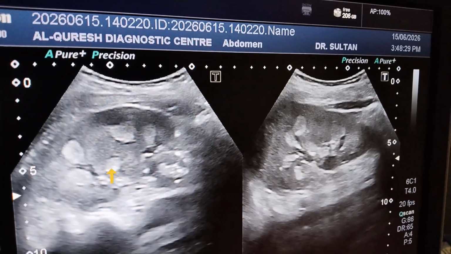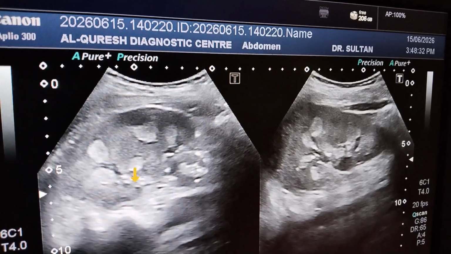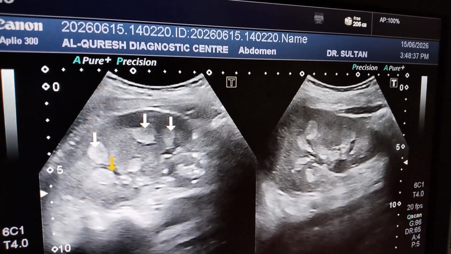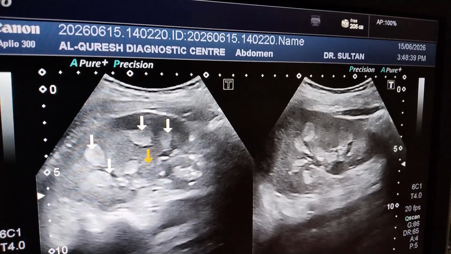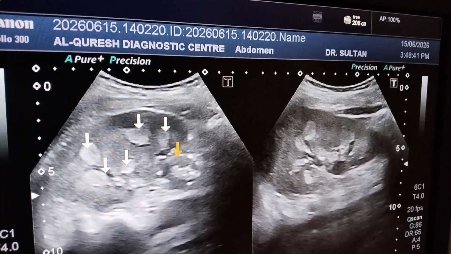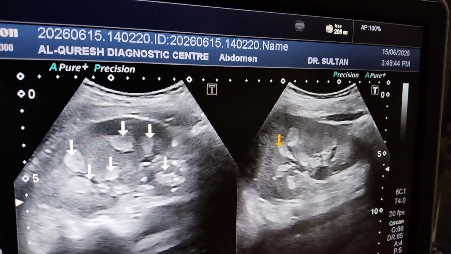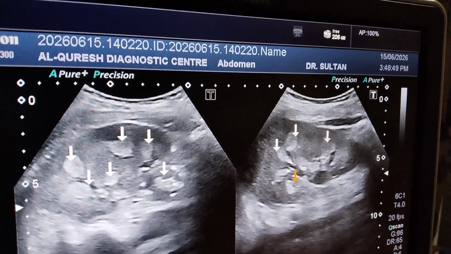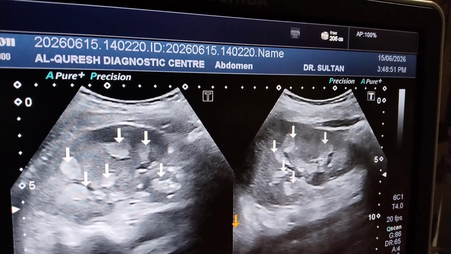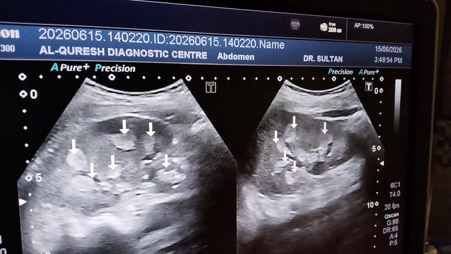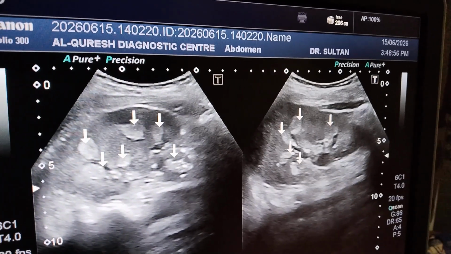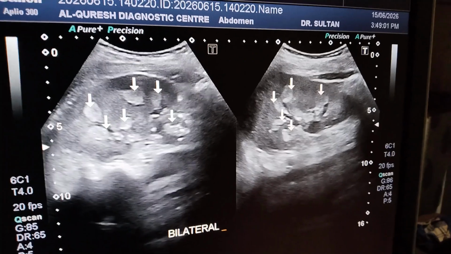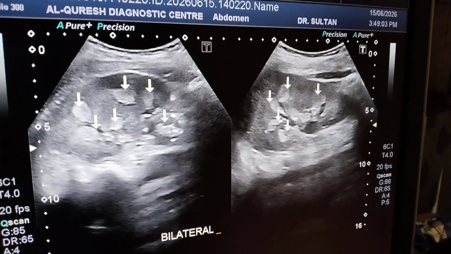So we can say that there is symmetrical involvement of the bilateral all pyramids, and these are symmetric and uniform distribution of the pathology. Here also we can appreciate the same appearances as the right kidney is having.